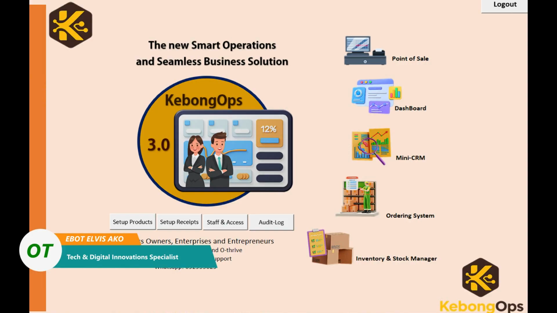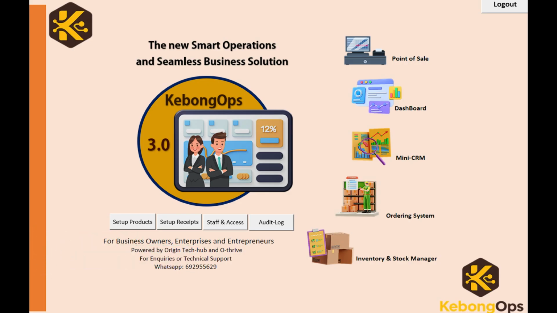Today I'm going to walk you through how to use KebongOps. KebongOps is a digital management tool, a 4-in-1 digital management tool designed for retailers, wholesalers, and businesses in general. It has 4 main features. A Mini-CRM where you can manage your clients, schedule appointments, and see who your best clients are.